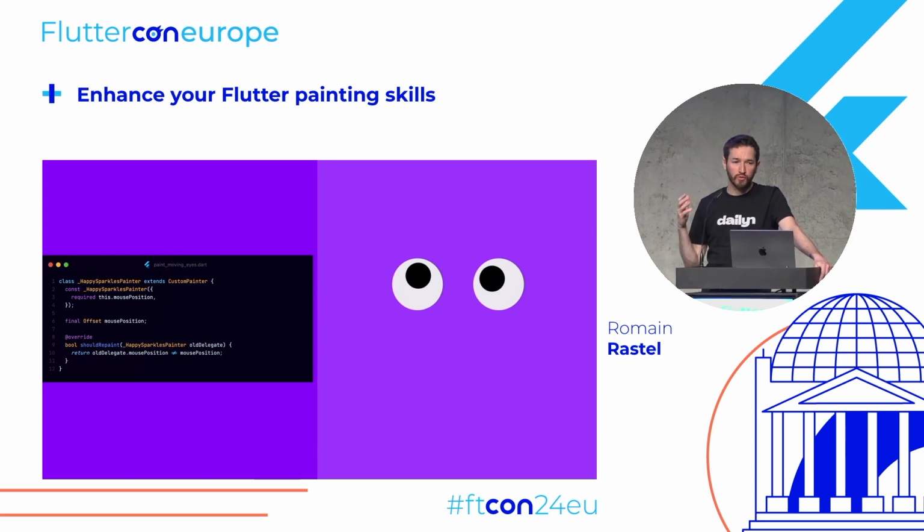And if you return true, Flutter will automatically recall the paint method of the canvas. So here, when my mouse position is different, well, I return true, and that's how we can repaint only when we want your custom painter.